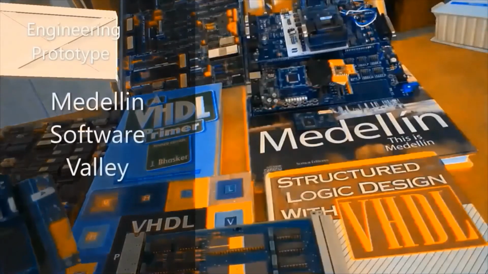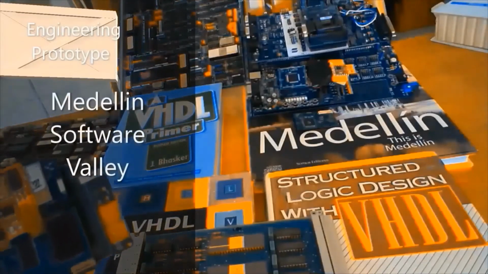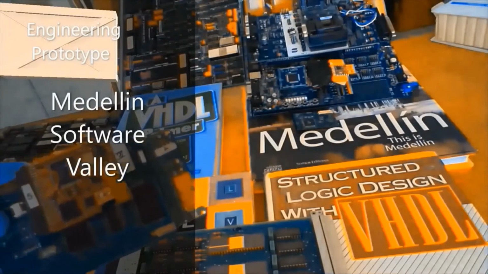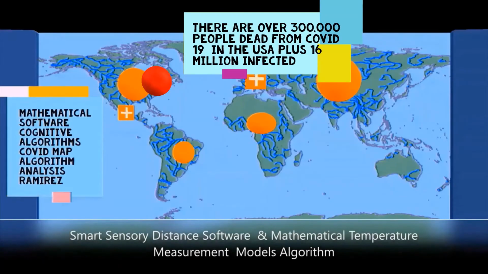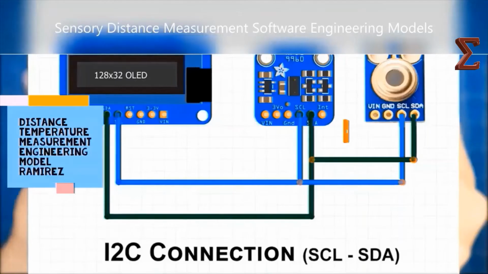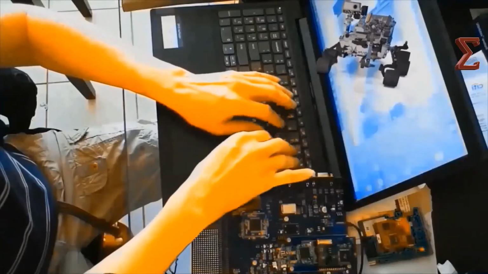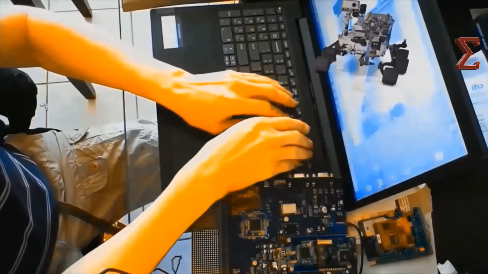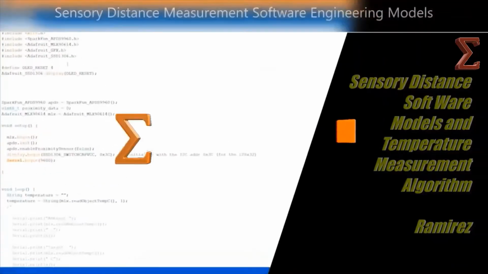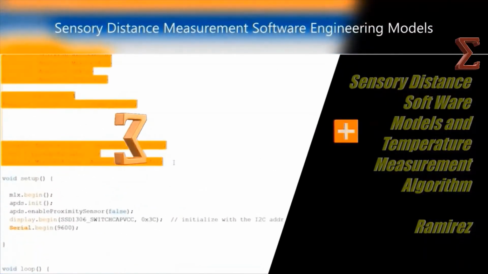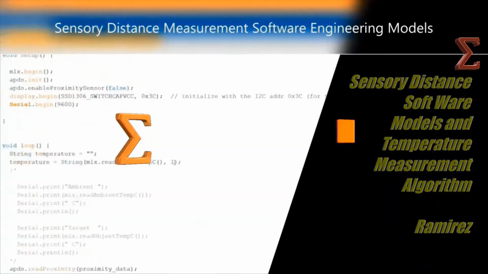In this video, I will illustrate the software algorithms and models of the intelligent infrared digital thermometer medical platform. The software engineering prototype was developed in Python and C++ languages, and the BIOS resides in the system firmware.